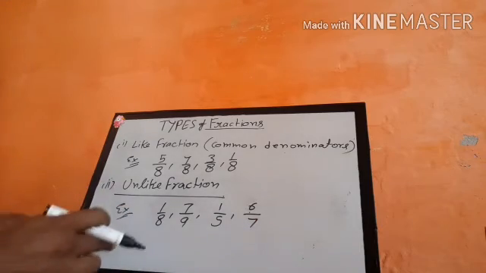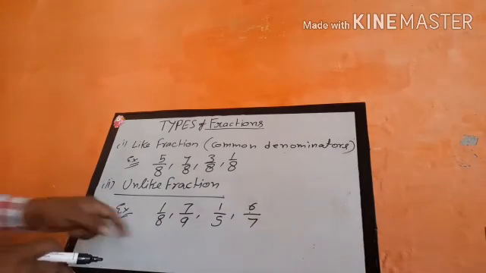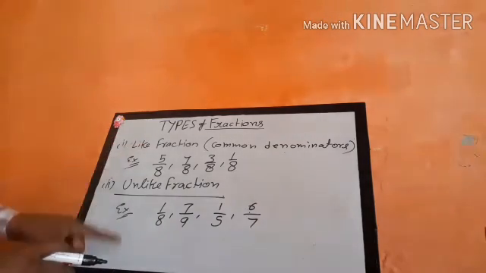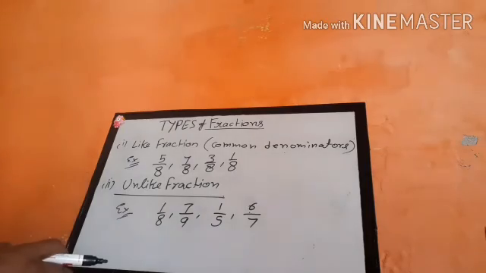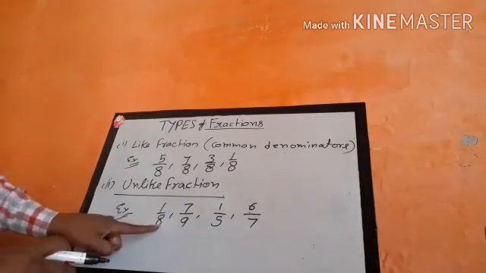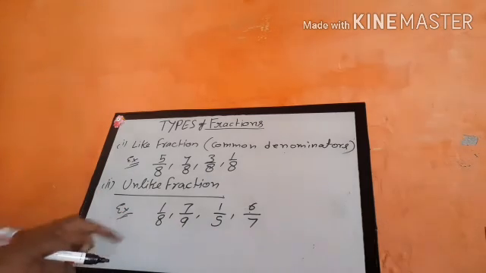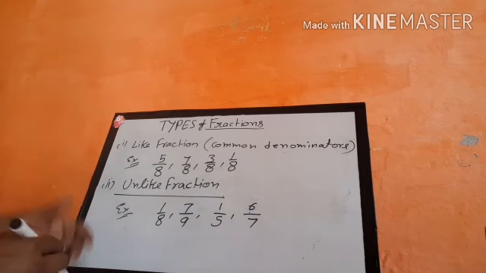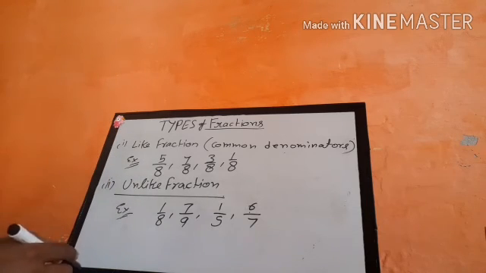These are examples of unlike fractions because their denominators are not equal to each other. So that is the main difference between like and unlike fractions. Like fractions have common denominators, while unlike fractions have no common or equal denominator.